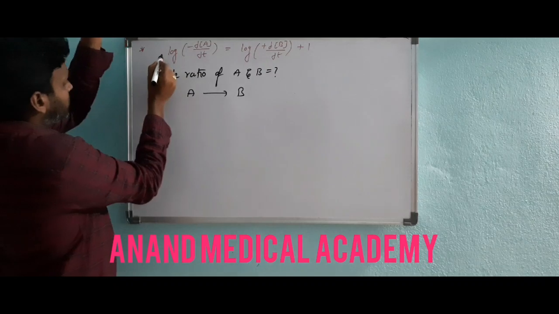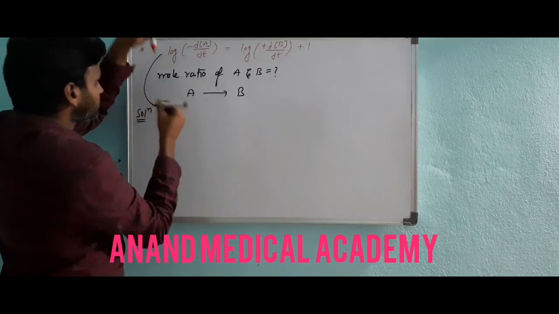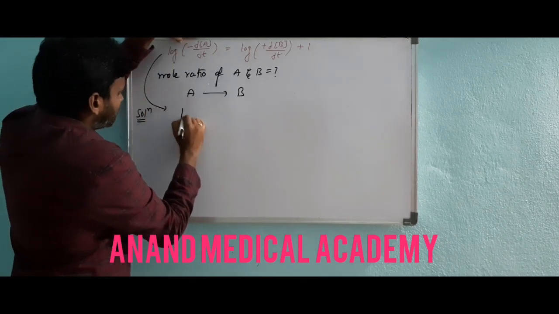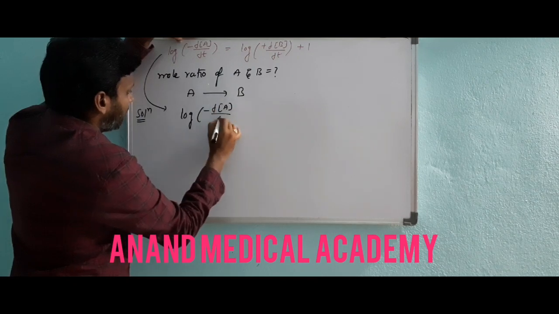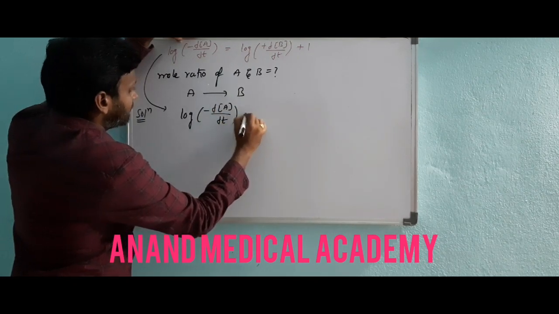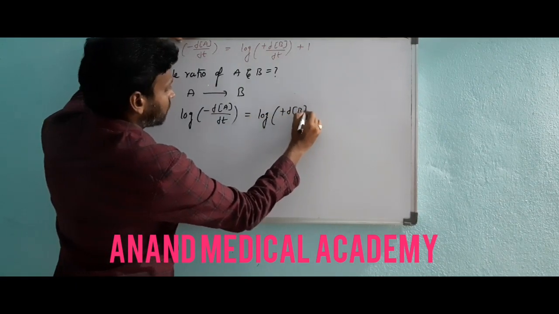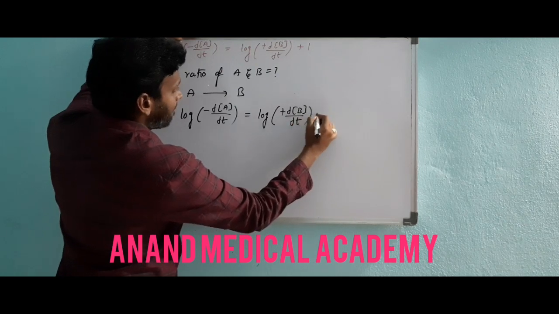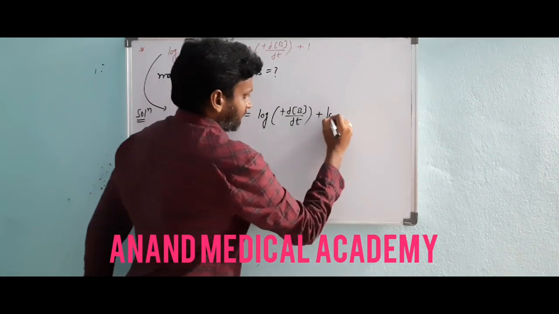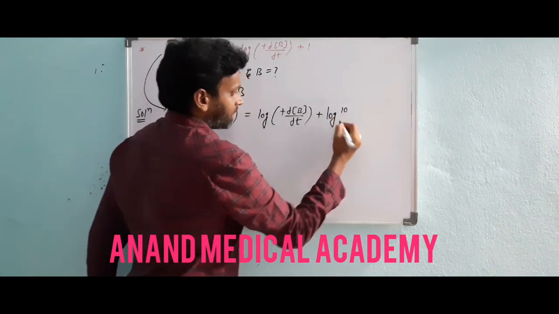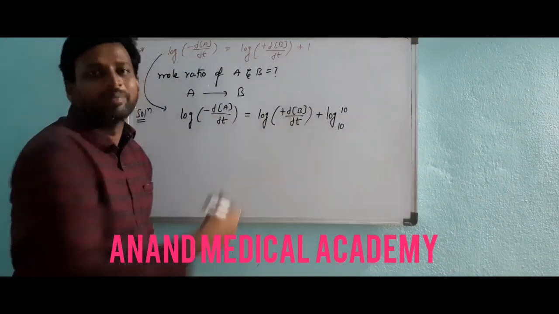Okay, so from this information, I'll write some solution here. So I can write log(-d[A]/dt) = log(+d[B]/dt) + 1. I can write log 10 to base 10, because everything is in logarithmic form, and the left side and right side will be cancelled.